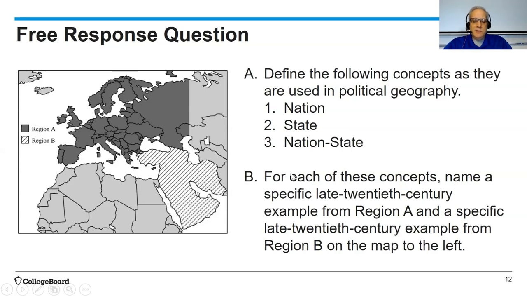For each of these concepts, for example, in region A a good example of a nation would be the Catalonians. It's a group that you've seen in the past, and in case you were wondering, it is the group that is featured on the illustration in the slide before. A good 20th century example of a state is any one of these countries, because every country is actually a state.